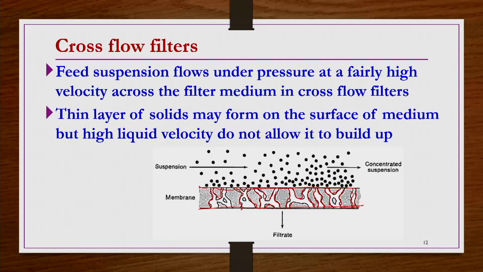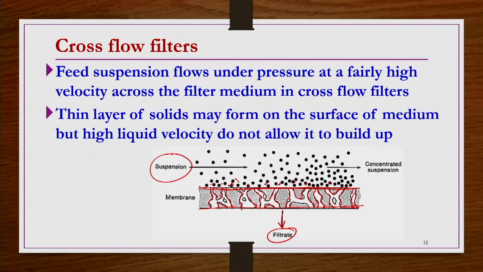What happens here is that we allow a suspension containing particles to flow across the filter medium surface at relatively high velocities, so that particles are deposited on the surface of the membrane, and a clear filtrate is collected at the bottom.